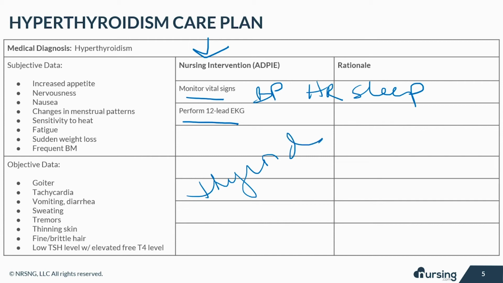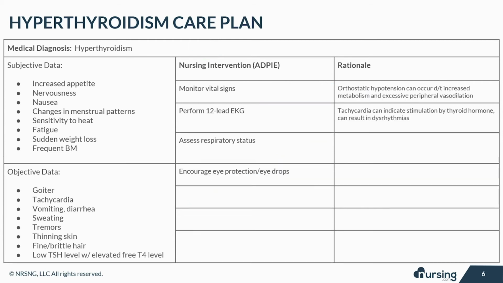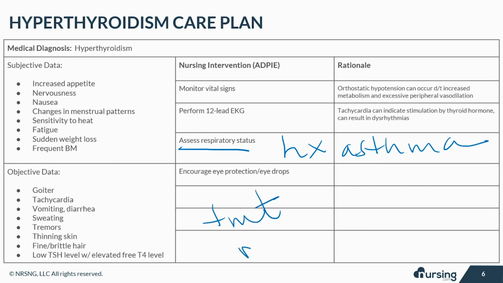result in dysrhythmias. It's important to assess your patient's respiratory status and auscultate the lungs for adventitious breath sounds, and be sure to take note of any history of asthma. Signs of pulmonary edema can indicate early cardiac involvement, and a history of asthma can affect the treatment, meaning no beta blockers.